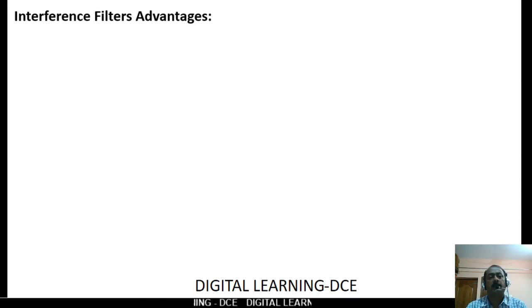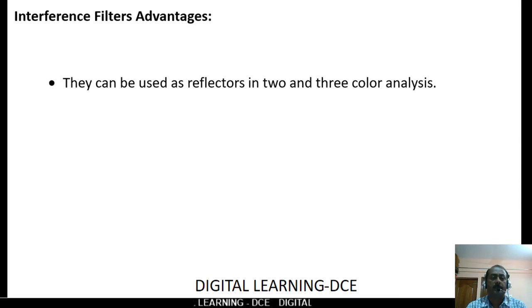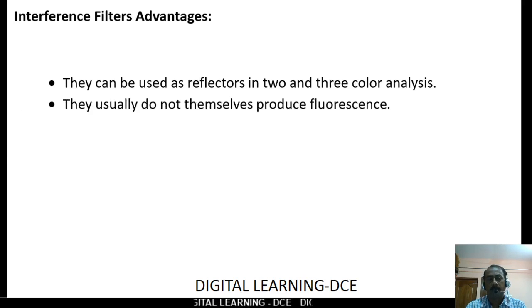Let us see the interference filter advantages. They can be used as reflectors in two and three color analysis. They usually do not themselves produce fluorescence.